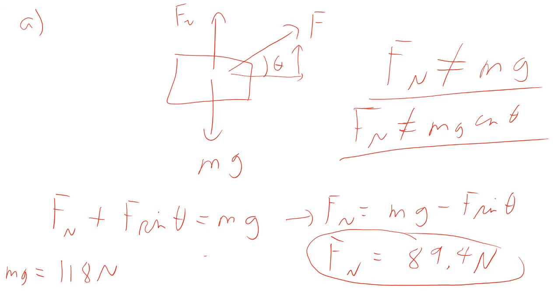So the normal force is mg minus F sine theta. Students will frequently use either of these two options up here, and they are wrong. They will not give you the answer to this problem. So the normal force is 89.4 newtons. This becomes especially critical in chapter 6 because we introduce friction, which depends on the normal force between surfaces.